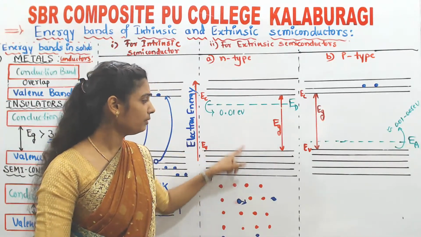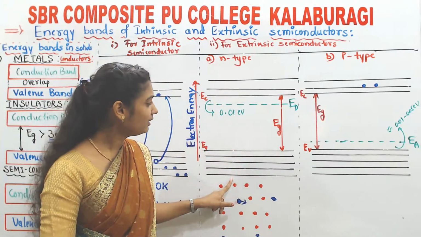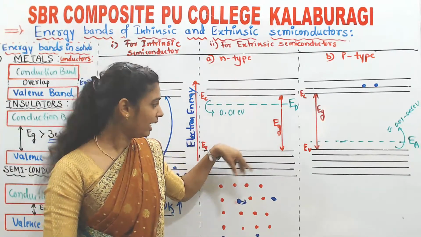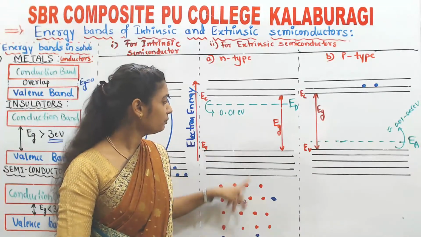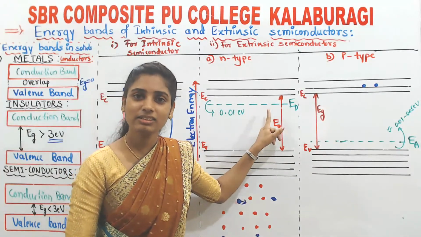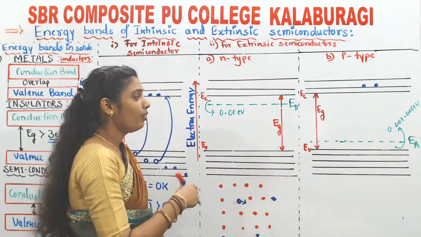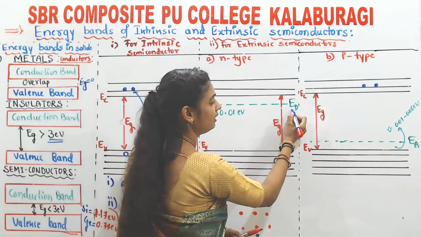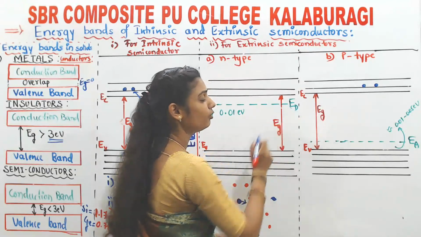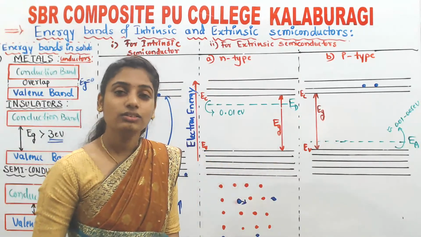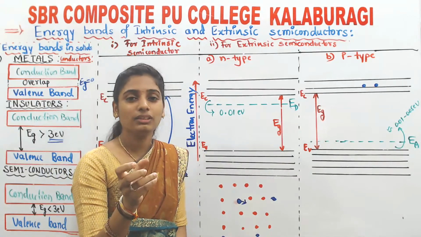These are the previous energy levels for the valence and the conduction band. And here, due to the presence of impurity atoms, there will be extra energy levels created in the crystal. What I am saying is nothing but the energy level of the donor atom. So donor atoms means what?